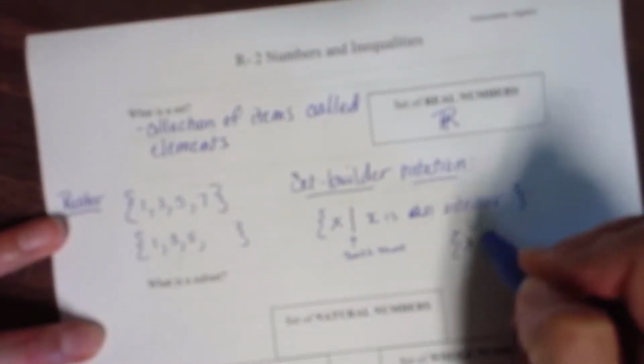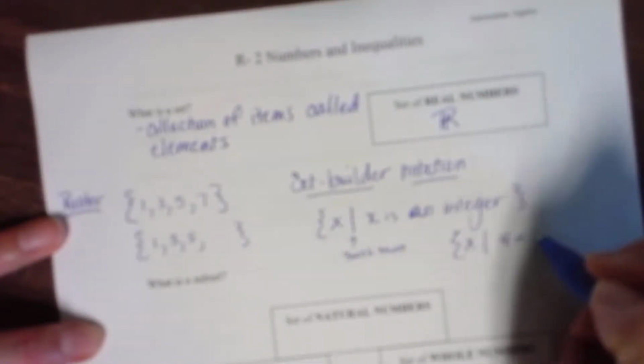You may have set builder where it says X such that X is a number between 4 and 7. And you can even add more with that, where X is an element of the real numbers, or X is an element of the integers, or X is an element of whole numbers.